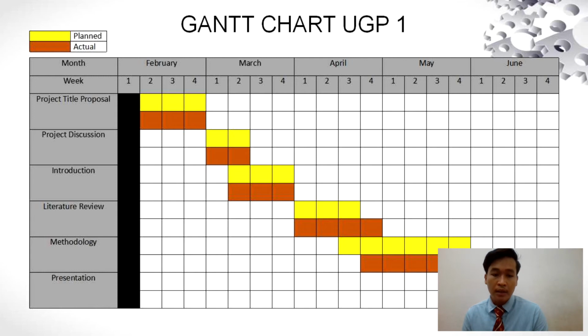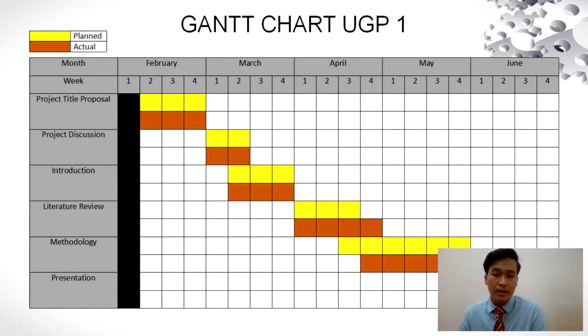Then the literature review starts from the 1st April until the 3rd week of April. For my methodology, it starts from the 3rd week of April until the 4th week of May. Presentation is on the 1st week of June and 2nd week of June. That is the plan for the actual work.